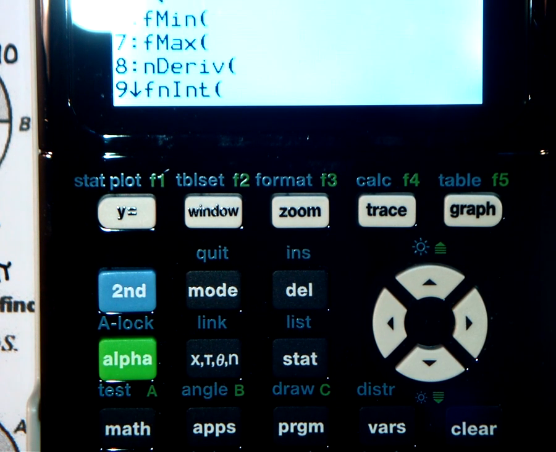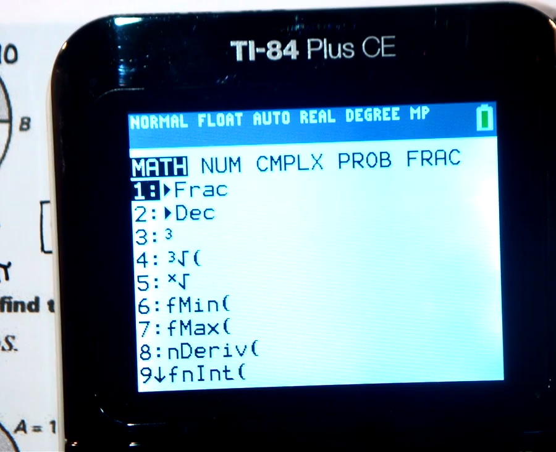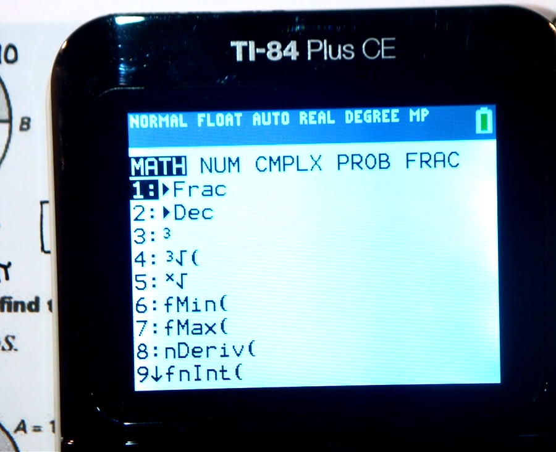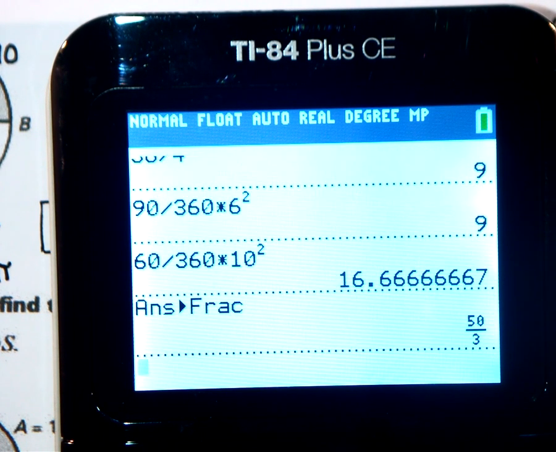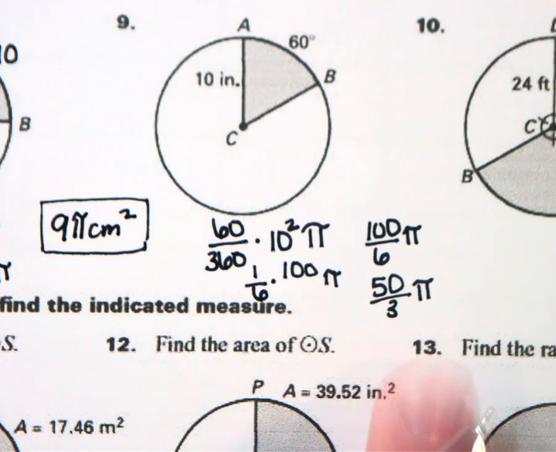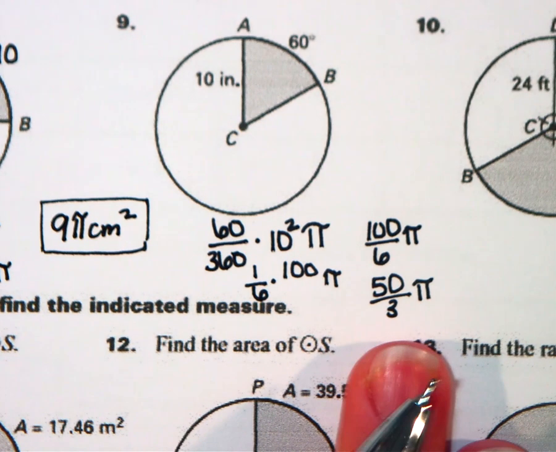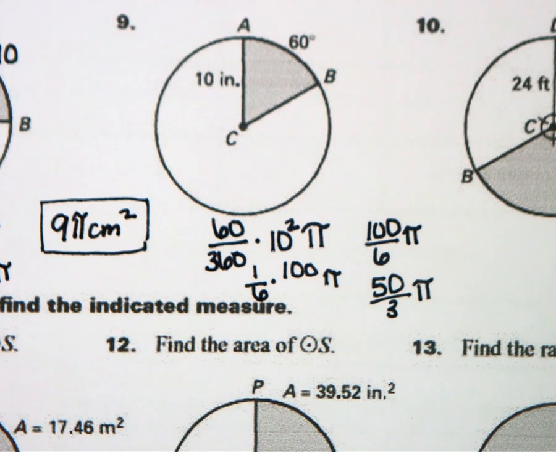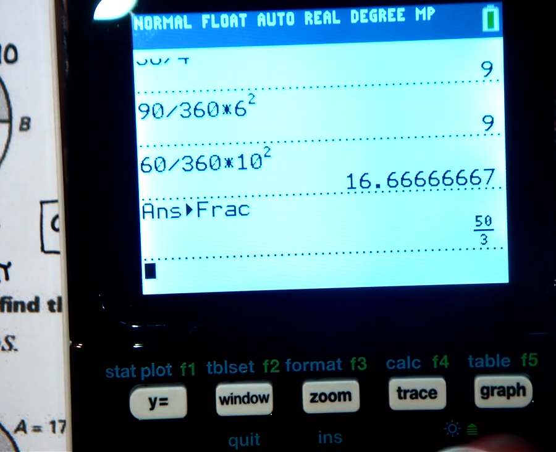The first option that pops up is fraction. So I'm going to hit enter, enter. And there's my simplest fraction, so 50 over 3. We don't want the fraction part to be the part that makes you get it wrong. So I wanted to show you as many tools as possible to get that answer correct. So you can do it out by yourself. That's here. You can use the Desmos app on your phone, or you can use a graphing calculator if you have one. Get used to using a graphing calculator if you have one, just because you're going to need to use it next year in Algebra 2.